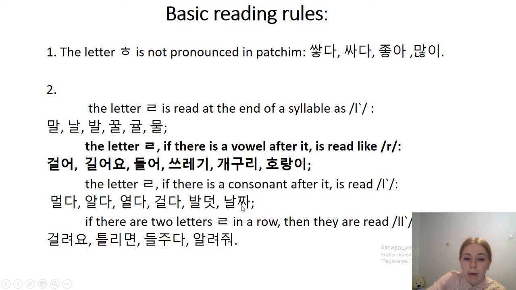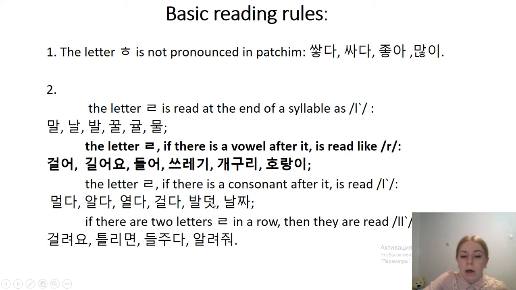And 날짜, here it's not 두 sound, but 즈. 즈 is also a consonant sound. So we read 날, 르, because there is 즈 consonant sound after it. Again, I'll repeat. 멀다, 알다, 열다, 걸다, 발돋, 날짜.